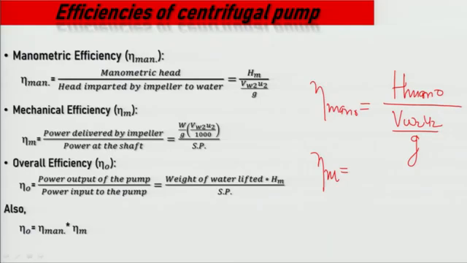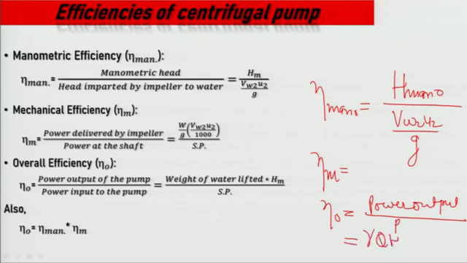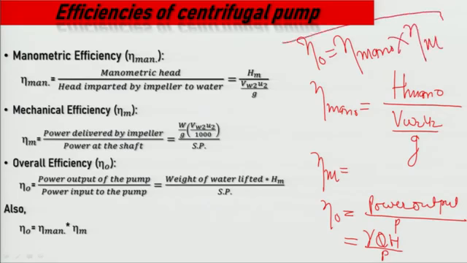Then ultimately, what is the overall efficiency? Overall efficiency is the power output upon the power input of the pump, so gamma Q H upon P. Or we can say the overall efficiency is the manometric efficiency times the mechanical efficiency.